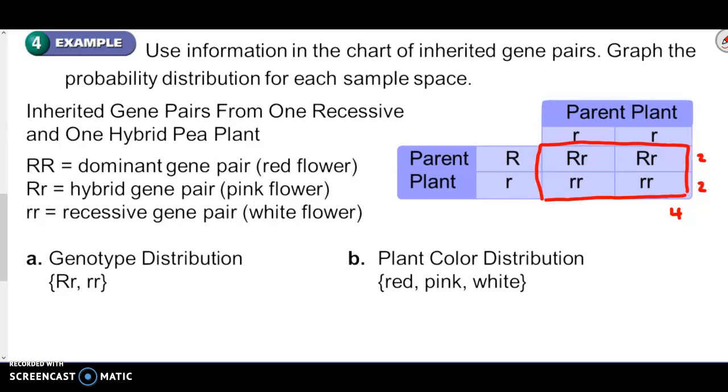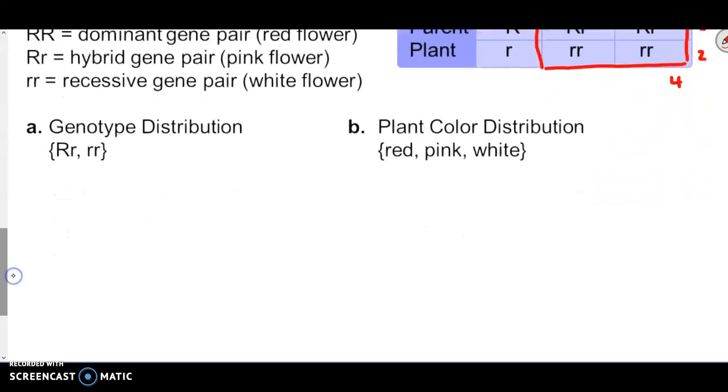All right, we are asked to create a probability distribution, a graph, the probability distribution of each sample space. So for A, we are looking at the genotype distribution, just the capital RR, capital R lowercase r, and lowercase rr, and that is a nice little hint to us that that's what we are graphing.